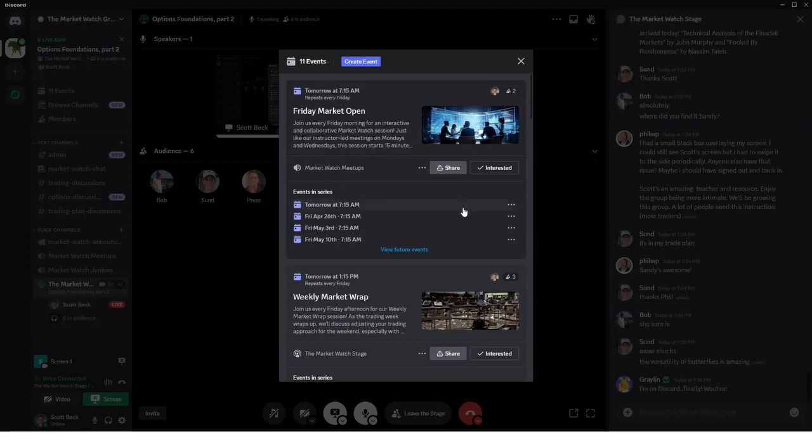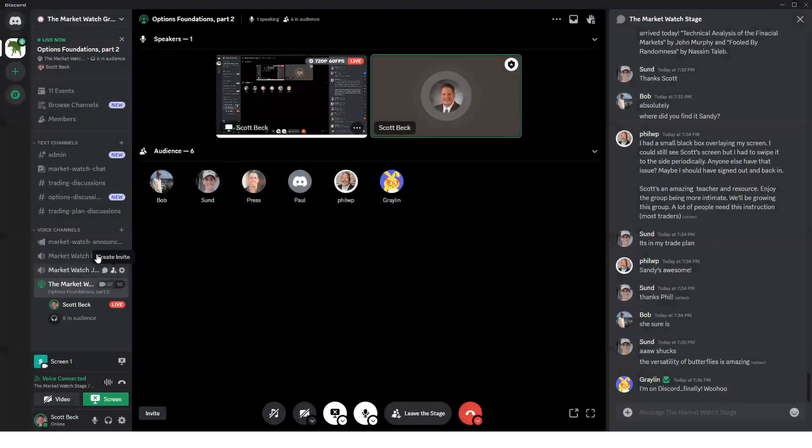So tomorrow, it won't be on the stage. You can see here, this tells you where it is, and if you come to the calendar when the event is happening, it will take you to the right place. This is at Market Watch Meetups, which is one of these voice channels. I can't go there now because I'll disconnect myself from the stage.